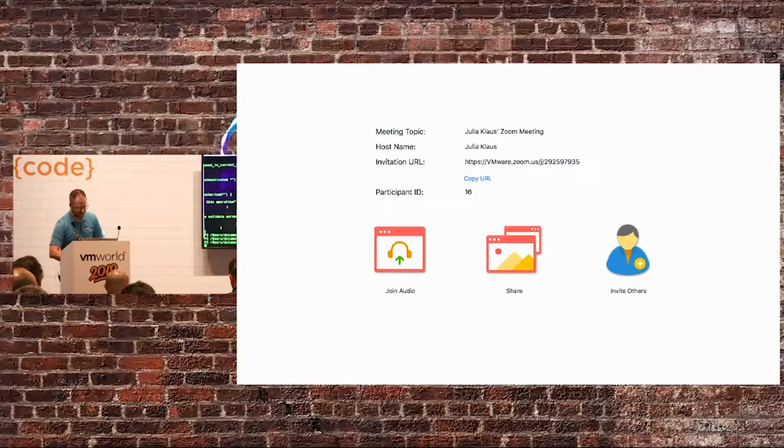This is always why it's fun doing live demos. It worked for a second, and now it's not working. There we go. That should connect. Let's get rid of that. And we're now going to connect.